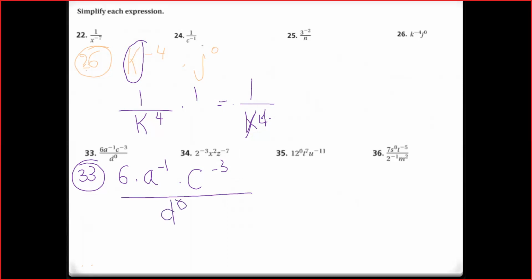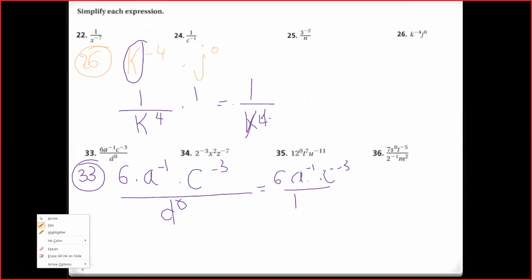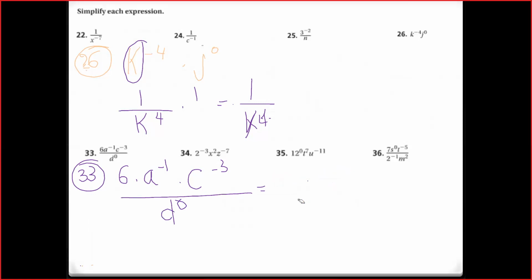Now, d to the power 0 is what? 1. So keep it up as 6 multiplied by a to the power negative 1 multiplied by c to the power negative 3 over 1.